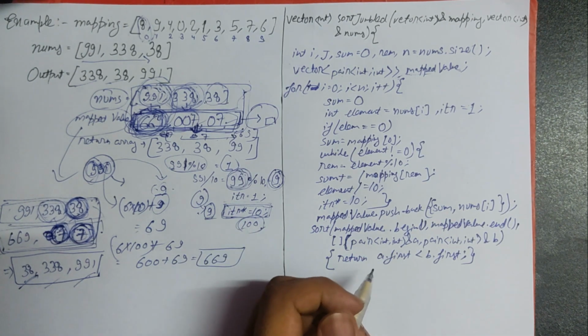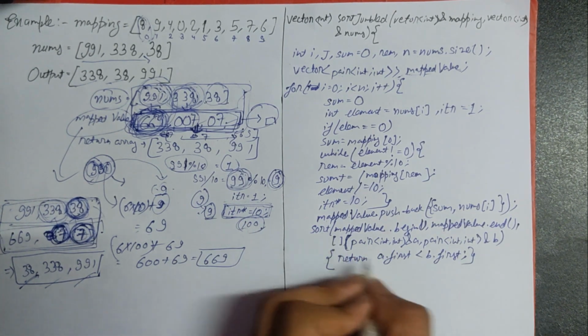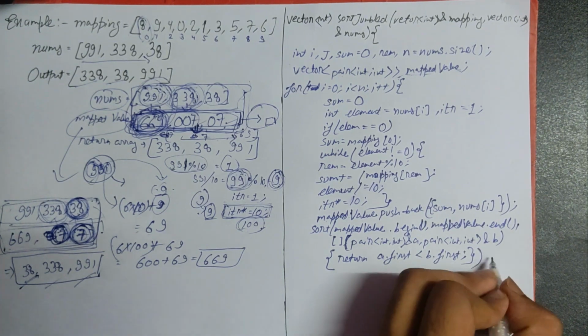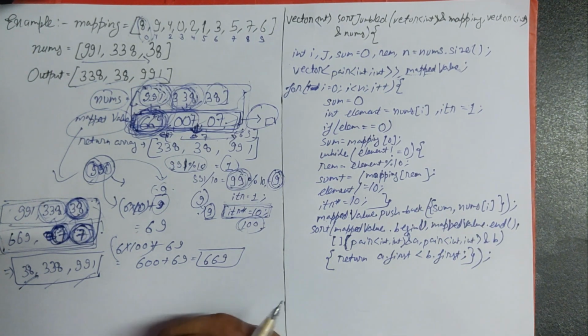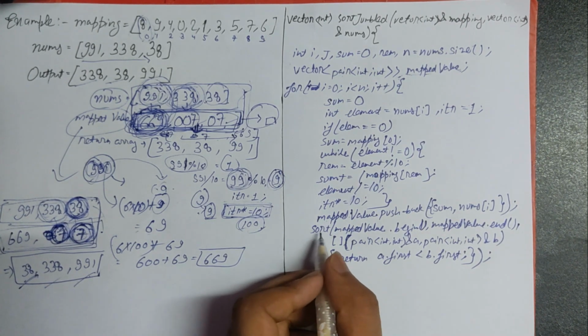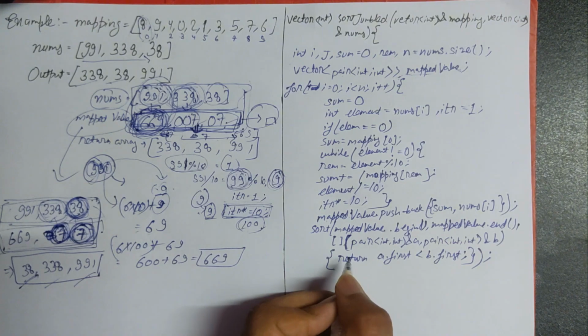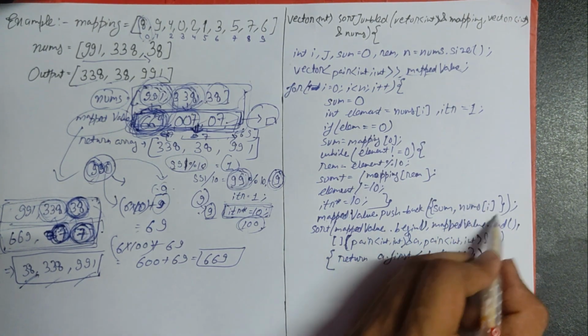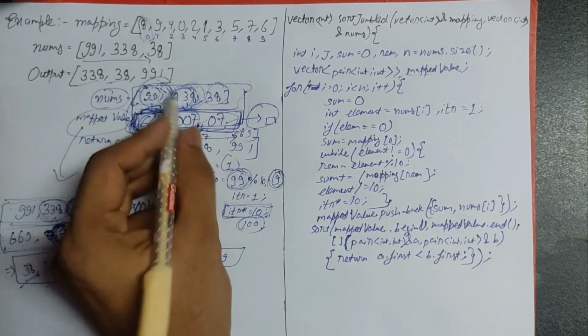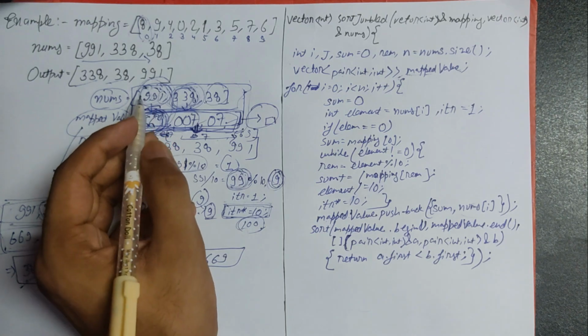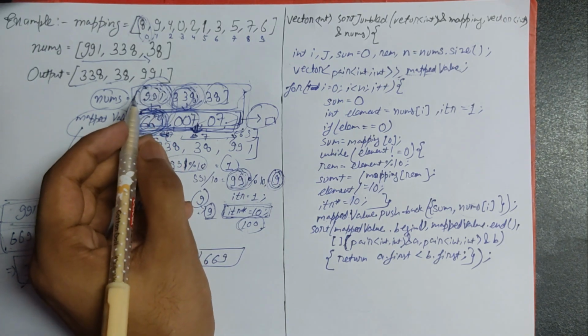Okay, now this sort function can be closed here, and after that we will simply create an answer vector, and we will iterate over this vector and take the second value, which is our original value nums I, and we will push in the answer vector, and after that we will return our answer vector.